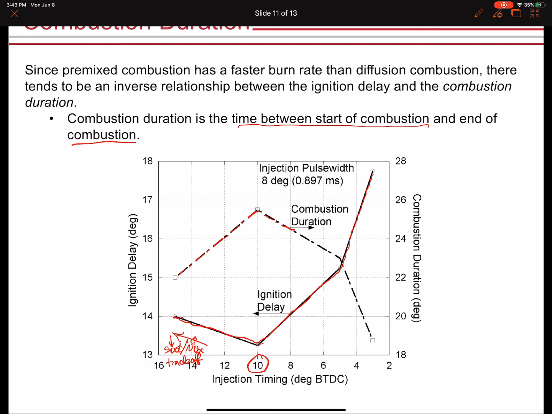The ignition delay begins to rise, which causes the combustion duration to decrease. If we retard our timing even more, the ignition delay really increases and the combustion duration substantially drops. We end up getting all premixed burning at this very late timing because of the very long ignition delay.